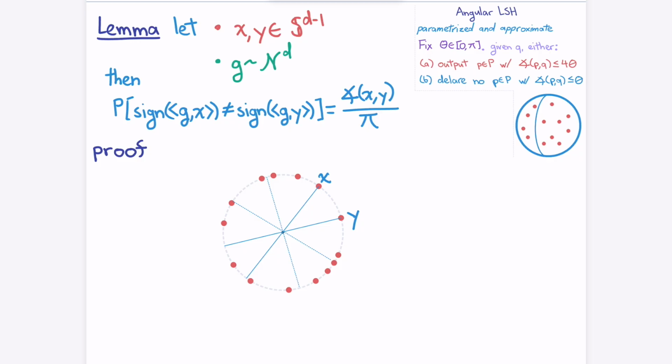Everything is rotation invariant. Okay. So now what are the points that could split it?